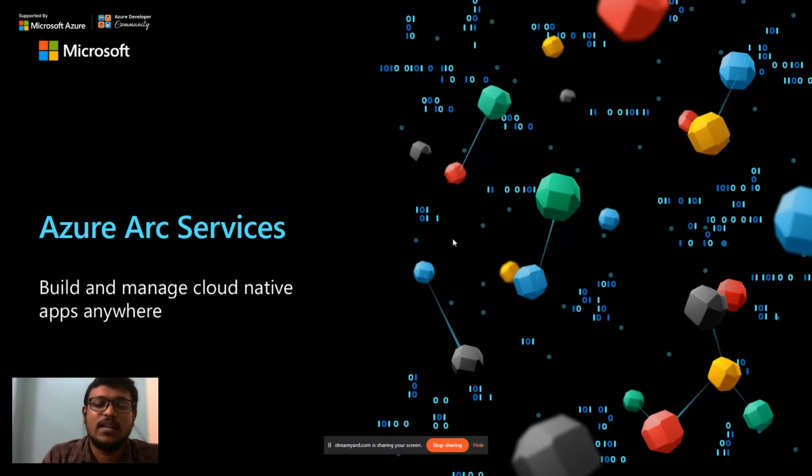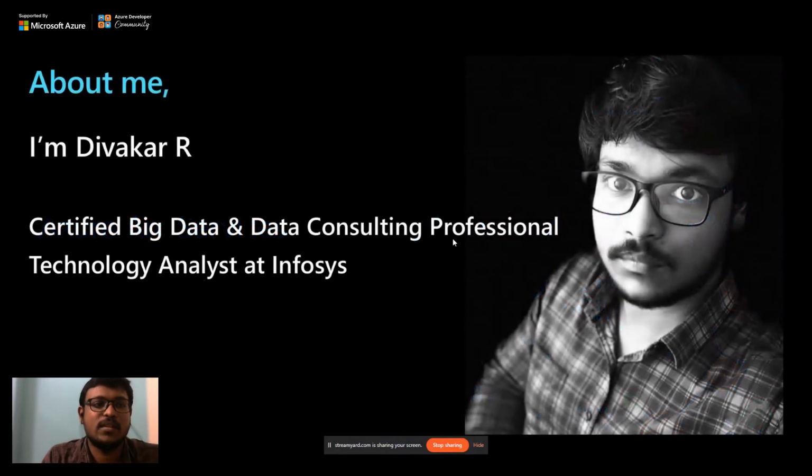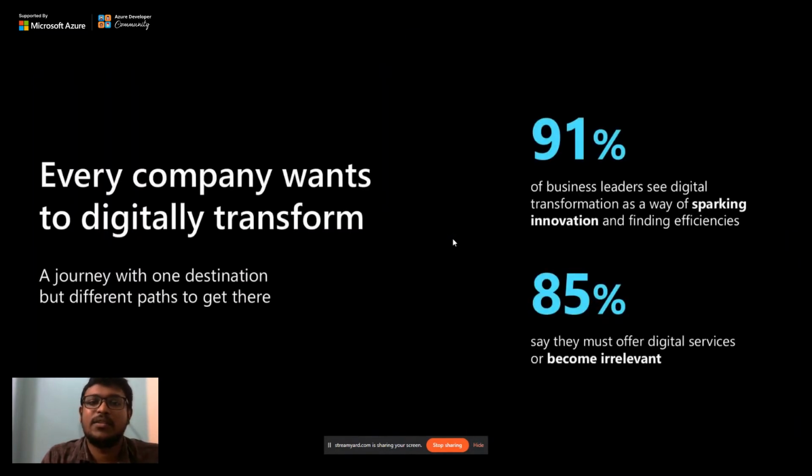So what Microsoft did is bring in something called the Azure platform. They linked these services together, both on-premise as well as the Azure cloud stacks.